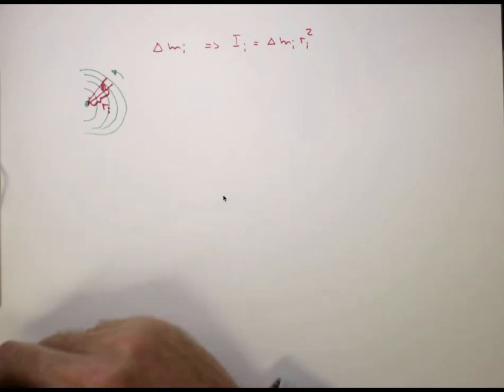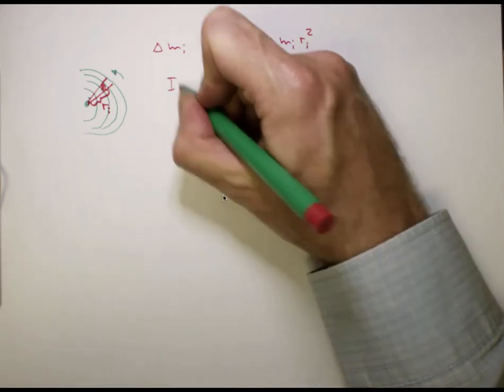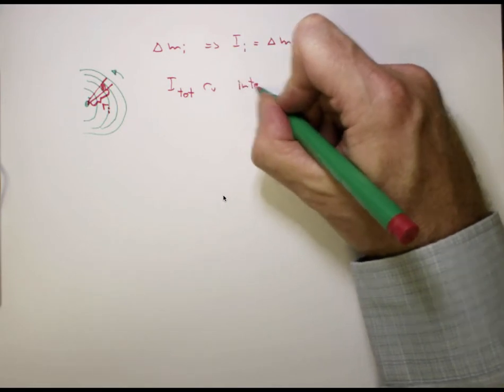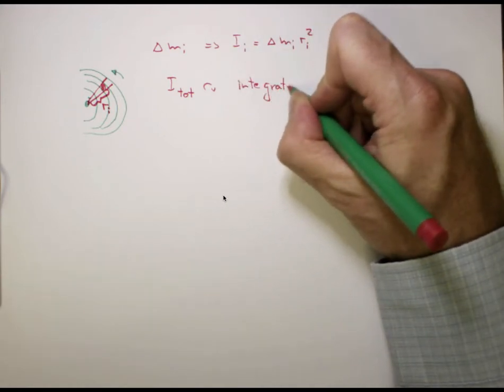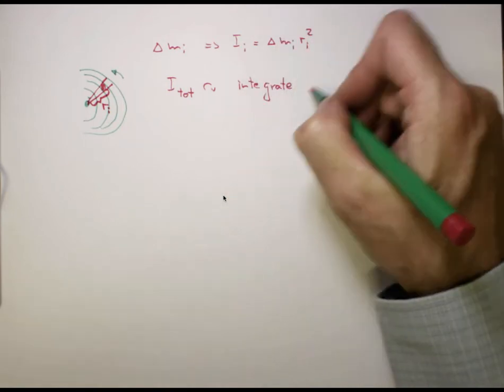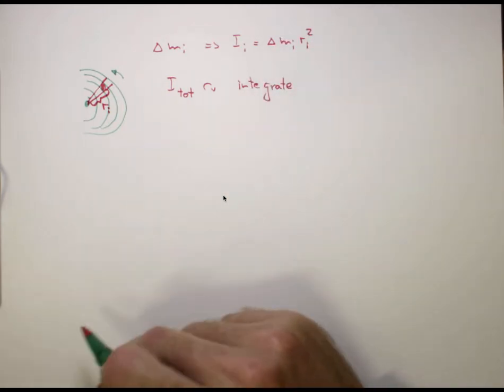And in order to get the total moment of inertia, we have to integrate, and well, first we might add, and then the sum becomes an integration.